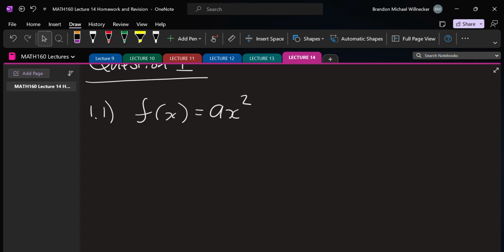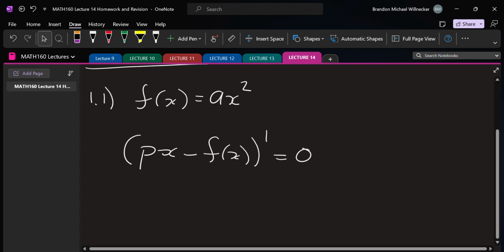We want to find that x prime in the definition. That x prime is the point that maximizes px minus f of x, from last time. So we want to maximize px minus f of x, and the solution to this will be the x prime that we need to find f star.